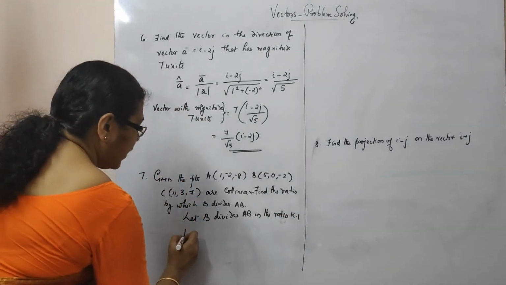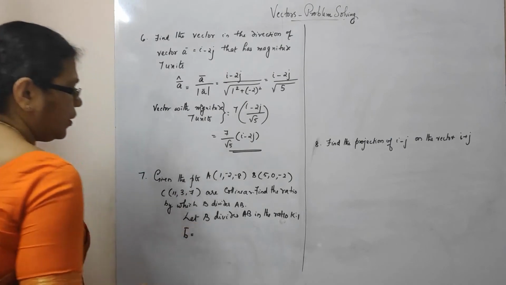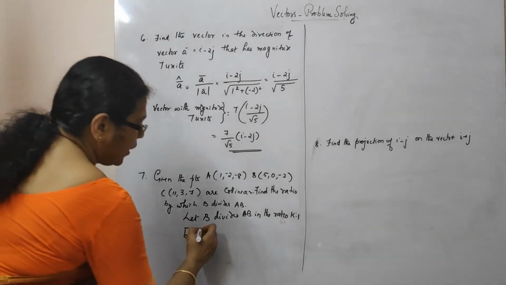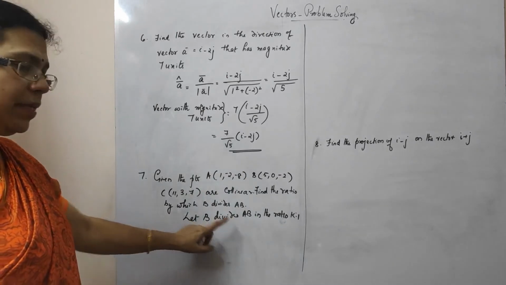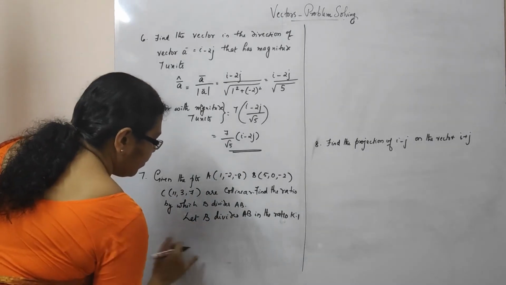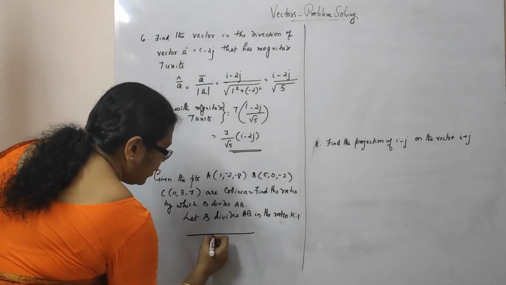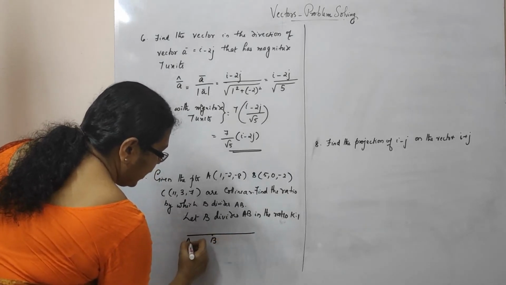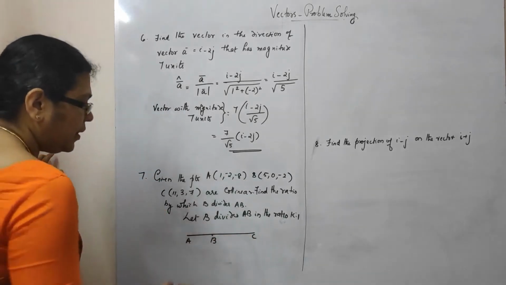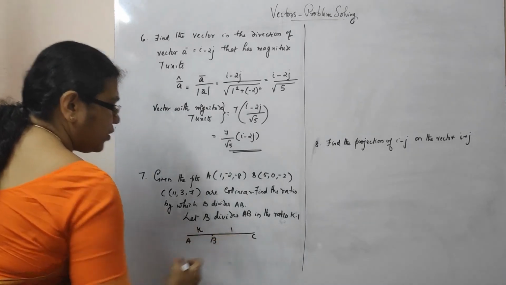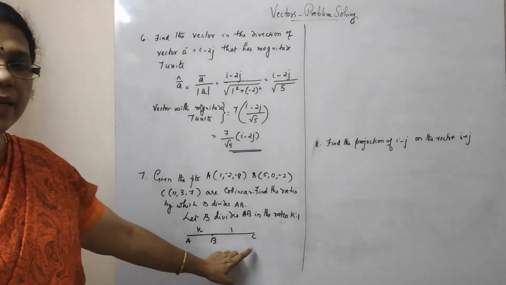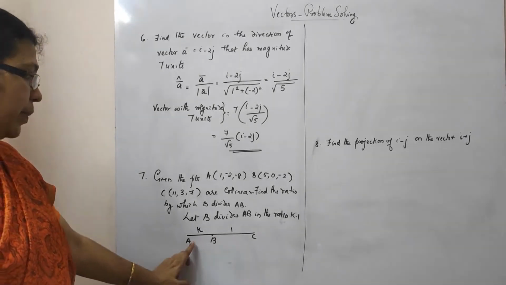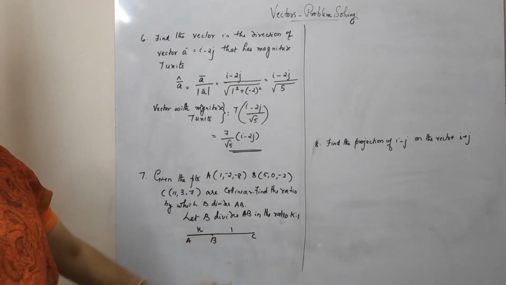So what is B? B divides AC, isn't it? I shall draw a figure for your better understanding. So this is B here, this is A and this is C. This B is dividing this particular vector AC in the ratio k is to 1.